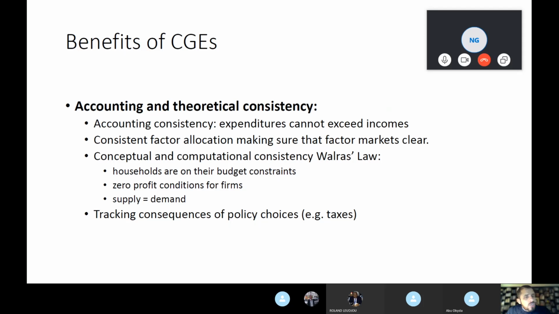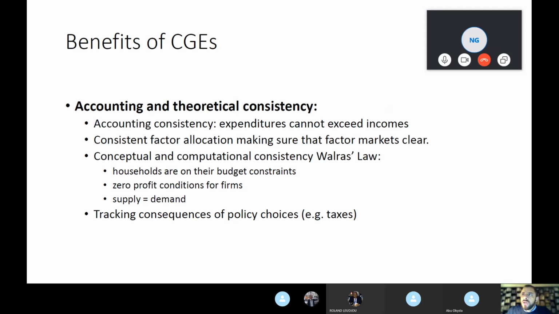Why are CGE models characterized by an accounting and a theoretical consistency? Because CGE models are mainly based on micro and macro theory. In micro theory, they are based on consumer theory, with utility maximization subject to the income constraint, and profit maximization subject to the budget constraint of the firm.